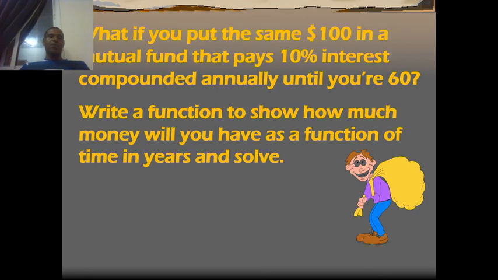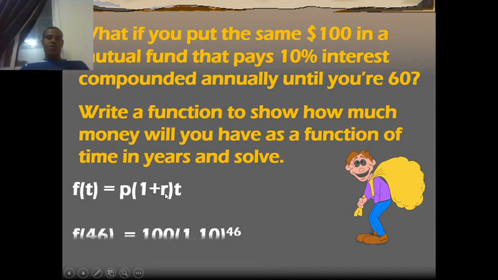Now another exercise. What if you put the same $100 in a mutual fund that pays 10% interest compounded annually until you are 60? Write a function to show how much money you will have as a function of time in years, and solve. The formula always, in terms of years, will be f of t equals P multiplied by 1 plus r, to the power t.